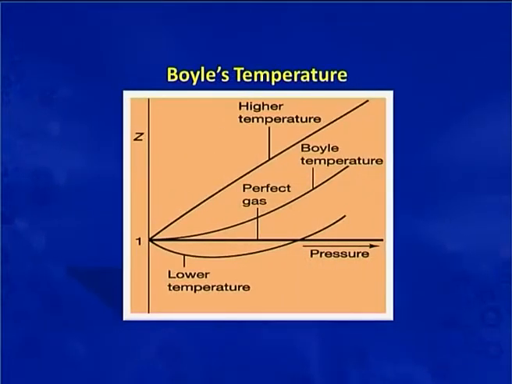So, at a certain temperature, the minimum in the curve vanishes and the curve remains horizontal, as you can see here, over an appreciable range of pressure. At this condition, Boyle's law is obeyed within this range here.